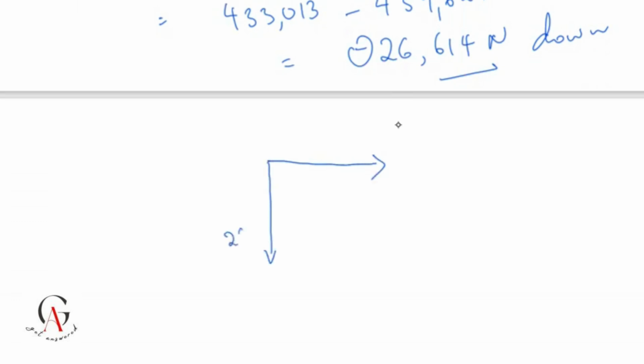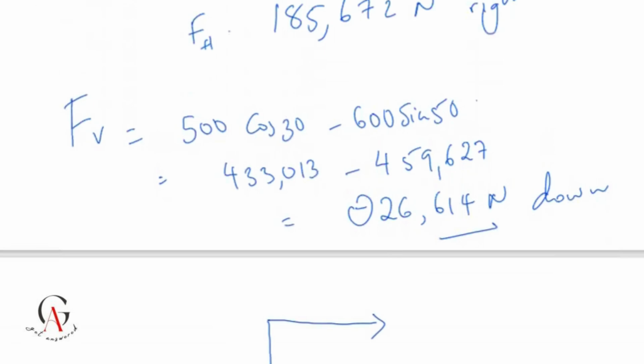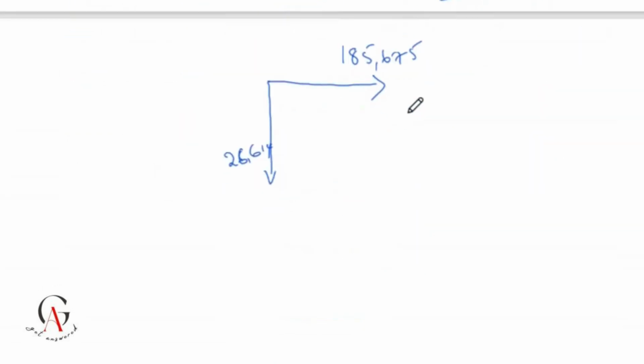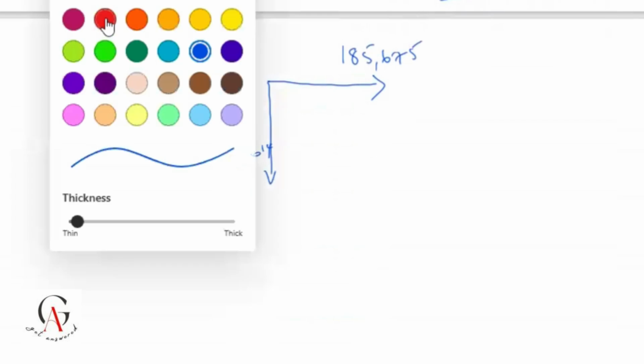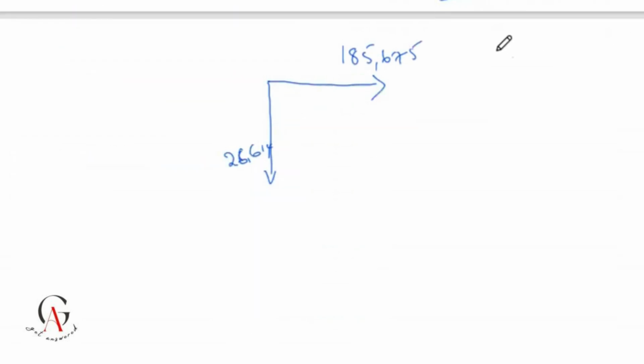So if that is my 26.614, this is our 185.672. Remember, since the resultant force is a vector quantity, we need to find the magnitude as well as the direction.